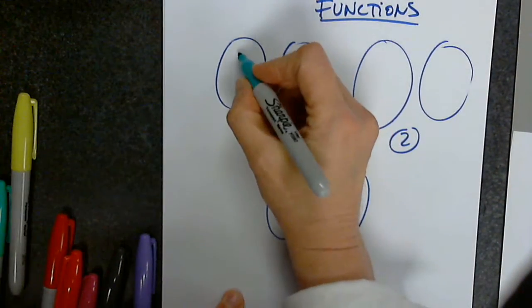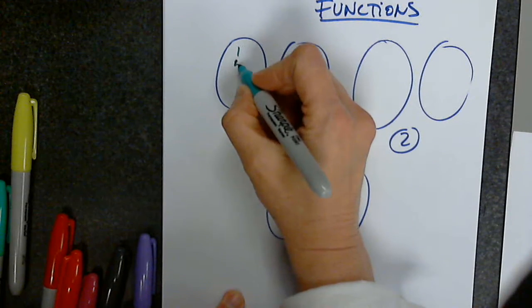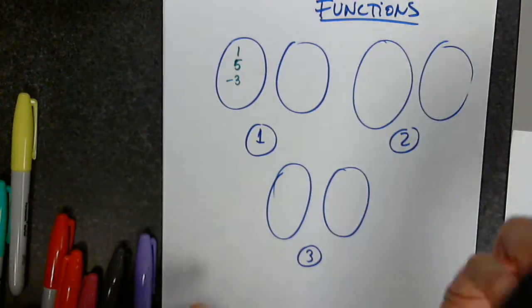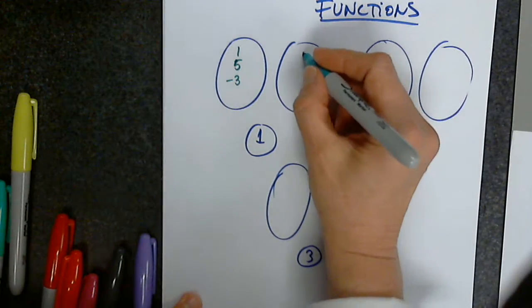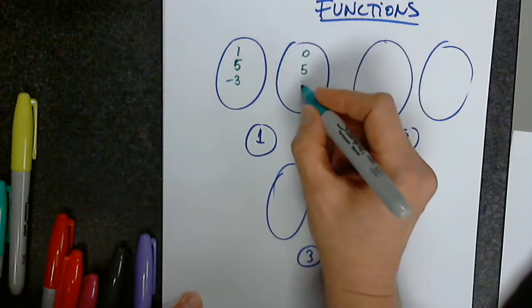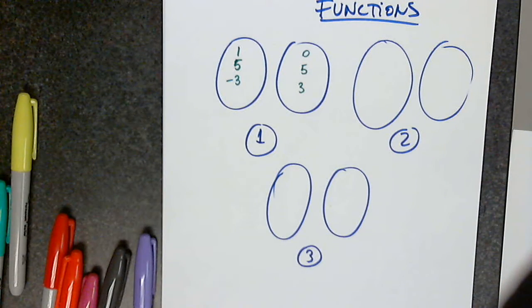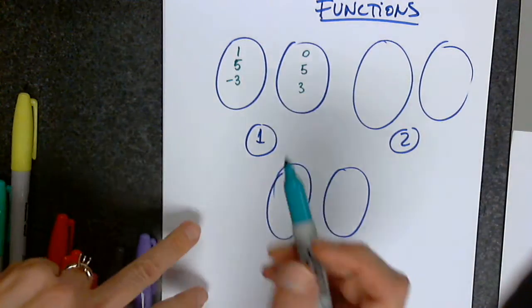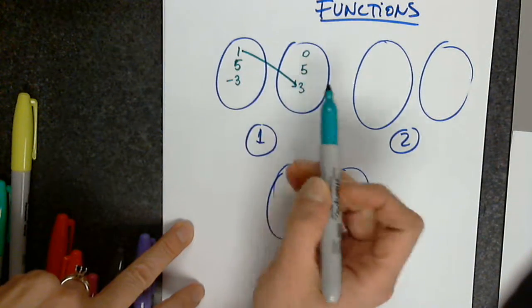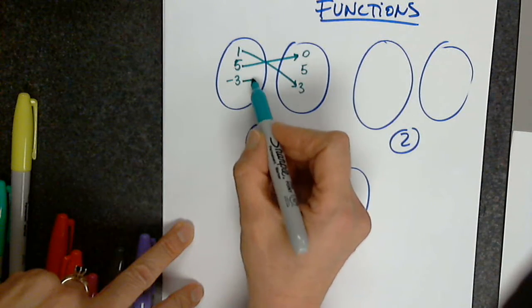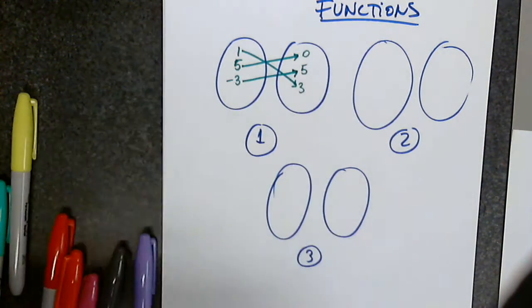Let's say I have 1, 5 and negative 3. And let's say I have here 0, 5, and 3. I'm just making numbers up, right? And I'm going to say 1 corresponds to 3. I'm going to say 5 corresponds to 0, and negative 3 corresponds to 5.